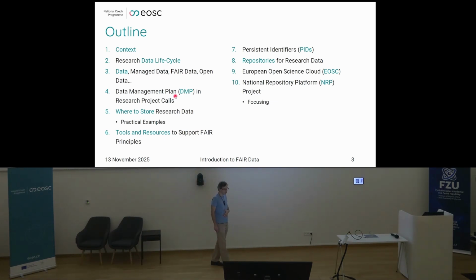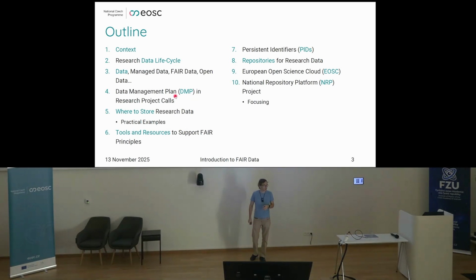And as you will see, some requirements on handling data and open science principles are, as of now, a common requirement of grant agencies. Then we will go to a bit more practical things. At the example of our institution, Masaryk University, I will show you what we are providing to our researchers as a categorization of available data storages and where to store data in different phases of their life cycle.